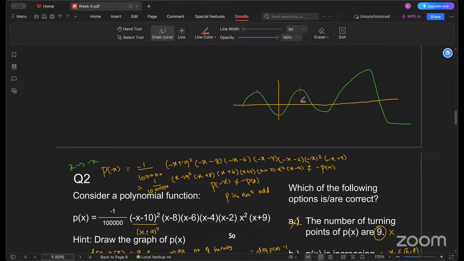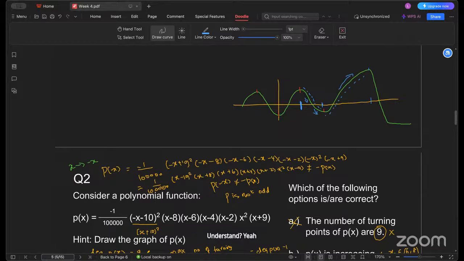Within this particular interval, what happens to the function? It's going down, right? So it's decreasing. And what happens from here to here? The function is going up. So it's increasing. Geometrically, it's only this much. Nothing more than this. Understand?